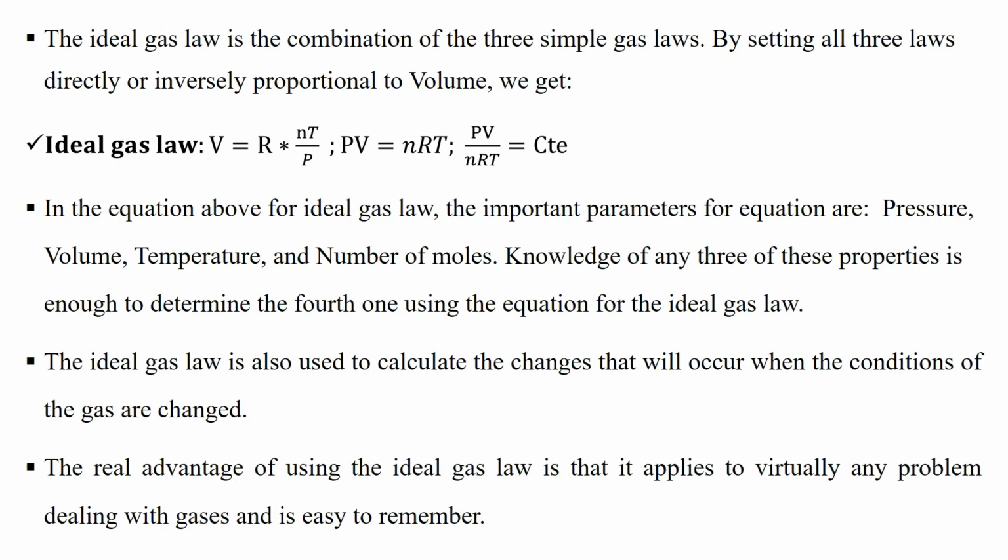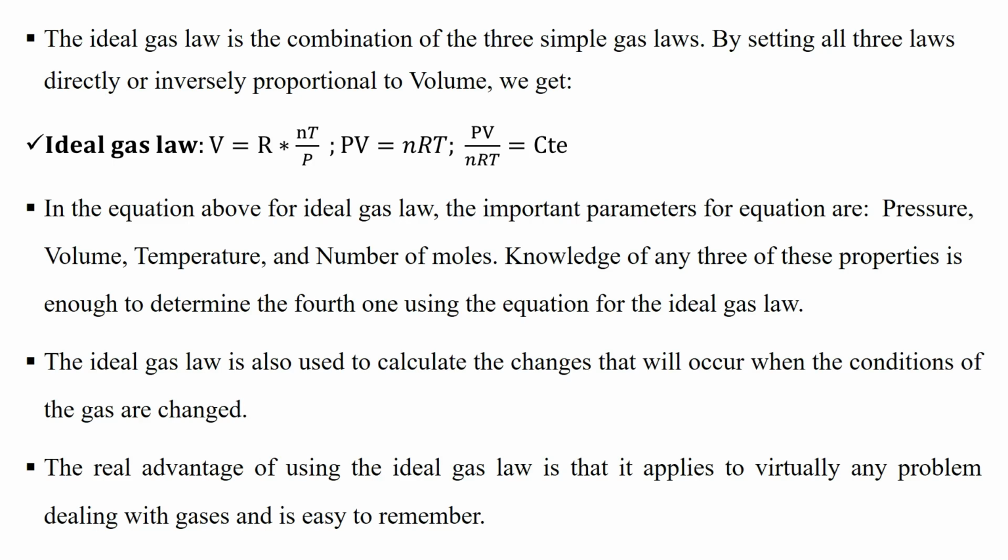When you combine these three laws, we get the ideal gas law, where the volume is proportional to the number of moles according to Avogadro's law, it is also proportional to the temperature, and it is inversely proportional to the pressure, as we have seen in the different laws.